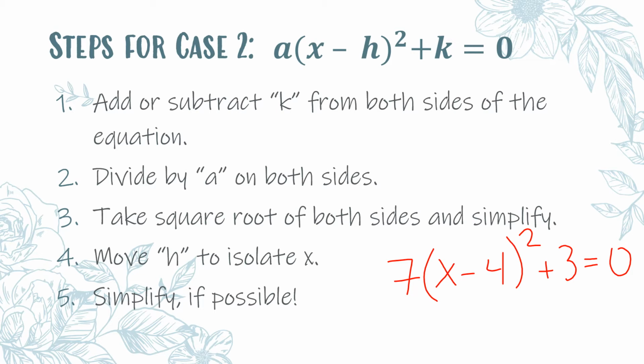So step 1 is going to be to move this value, whatever k is, to the other side. So I could subtract 3. Then I'm going to divide by a, which is the 7.